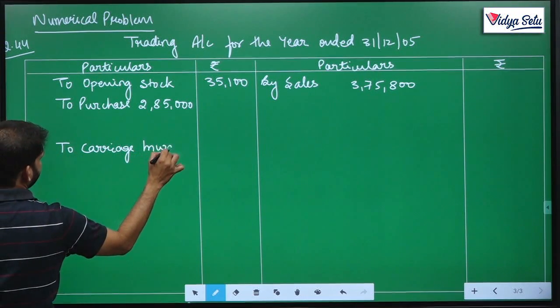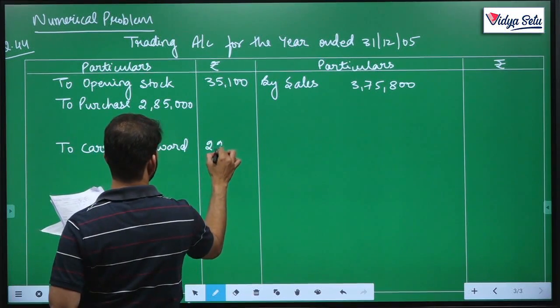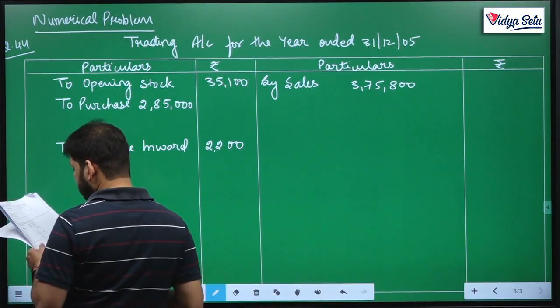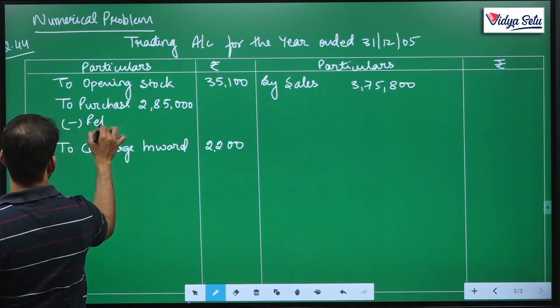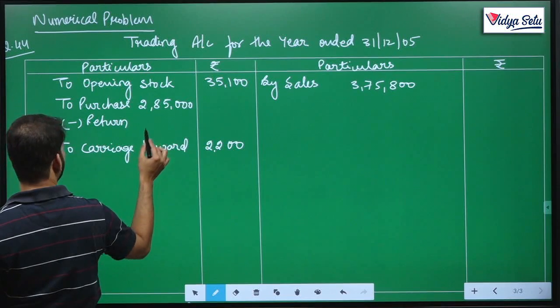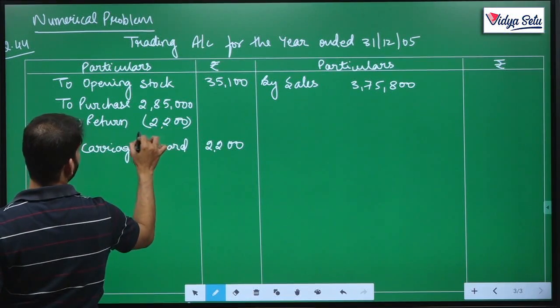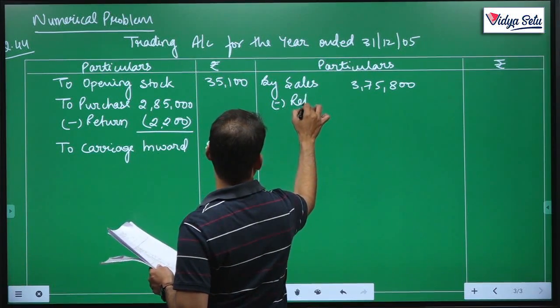Now carriage inward, 2,200. Now we have returns. Return, so the credit amount will come to 2,200.